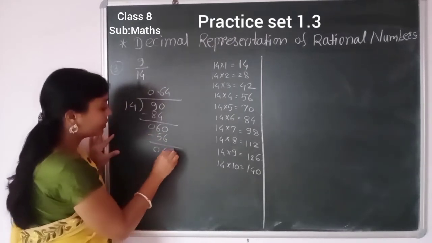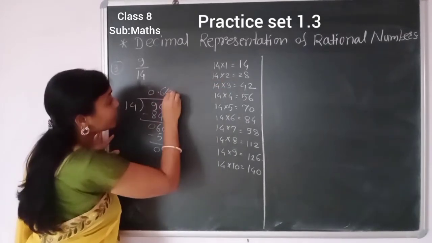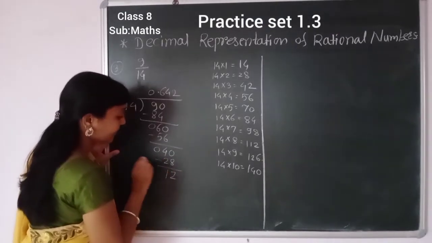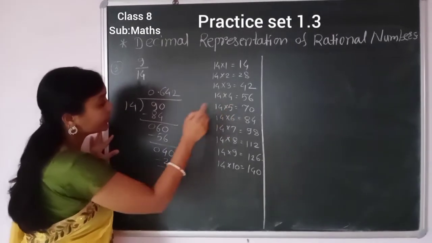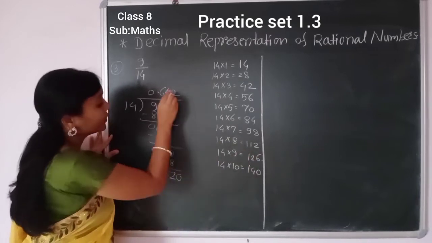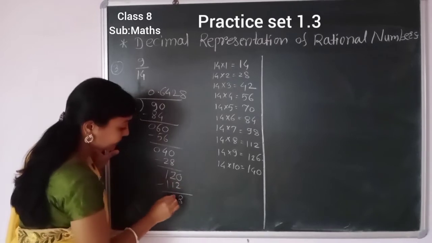Remainder 4. We take 0, then 14 twos are 28. Remainder 12. Then 120 is more than 112, 14 eights. We get 8.